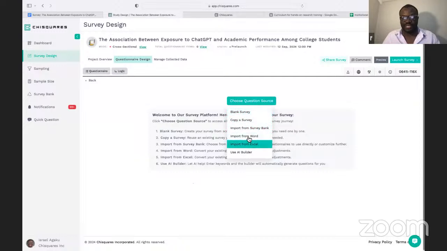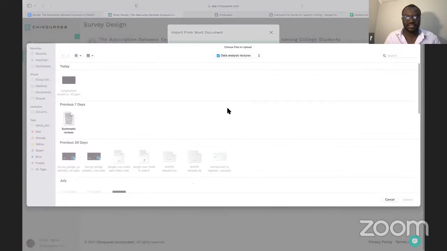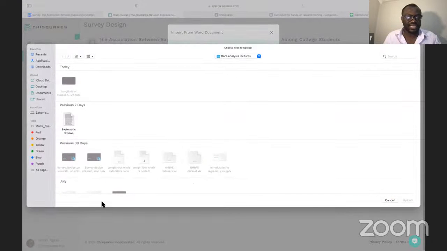There are 6 ways to import a questionnaire. We are going to use import from Word. We select that option. You can download the instructions here if you're not sure how to format it, and you can also look at a sample questionnaire that is already formatted from here, if you want some guidance. We've already done this, so I don't need all of those things. I just click here, choose a file. Allow me to select the file that I want.